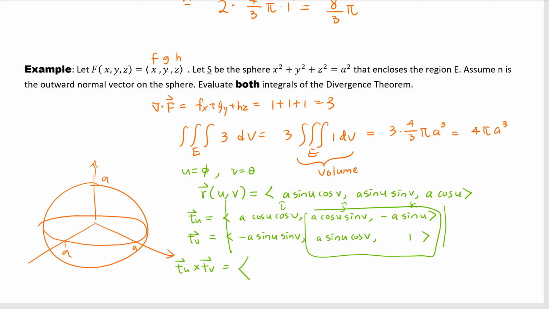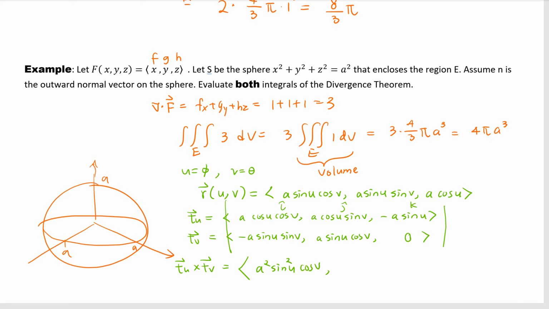Cross multiply, we have a cosine u sine v minus... mistake, this should be 0 because a cosine u has no v in it. So cross multiply, we just get this guy, minus becomes positive, a squared sine u squared cosine v.